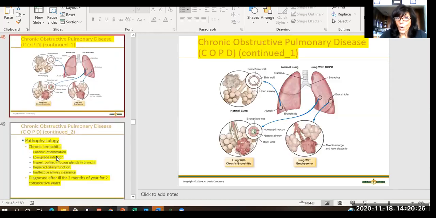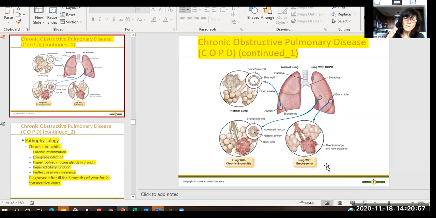So what is going on, okay? What's going on is that for different reasons, there is obstruction that occurs. Like here with bronchitis, there is mucus and narrowing of the airways because the walls start to get thick. And when that happens, air in, yes, air out, no. Emphysema, the alveoli get damaged, right? They get enlarged, swollen, and they lose elasticity.